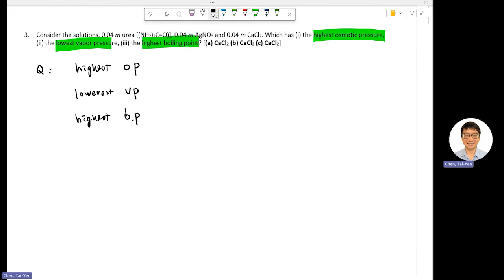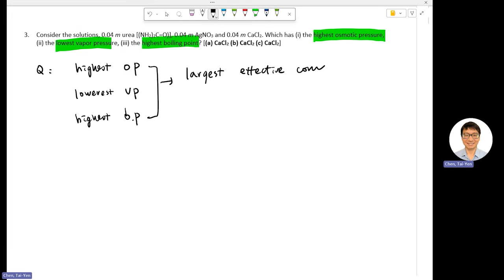If you look at these three things, we know when the concentration of your solute gets higher, your osmotic pressure becomes higher, and your boiling point becomes higher. Therefore, these two are actually looking for the one with the largest effective concentration. That's something you should know.